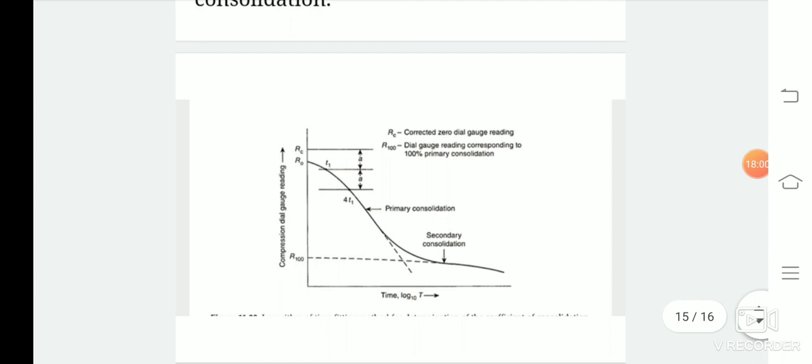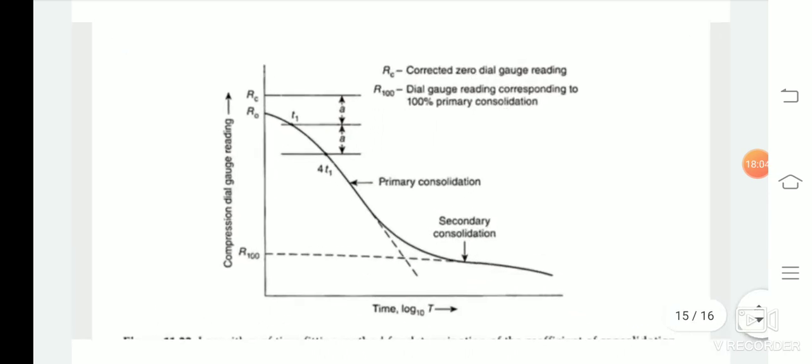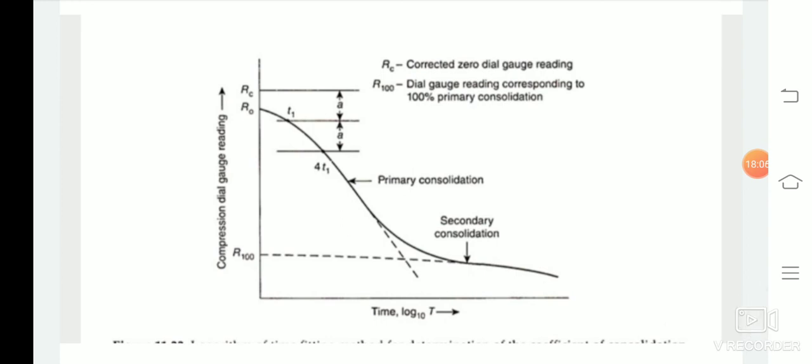So this is the graph of the logarithmic time fitting method. First, what we need to do? We have to plot the time dial gauge reading for the given stress increment with time on the x-axis on a log scale whose base is 10, and the dial gauge reading on the y-axis.